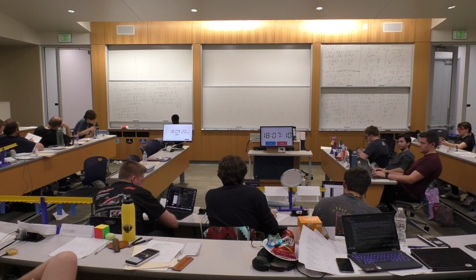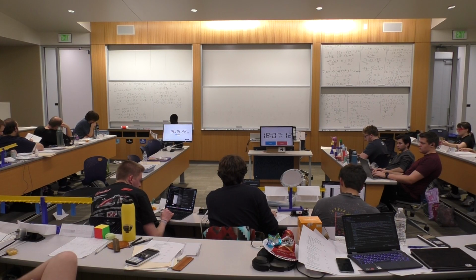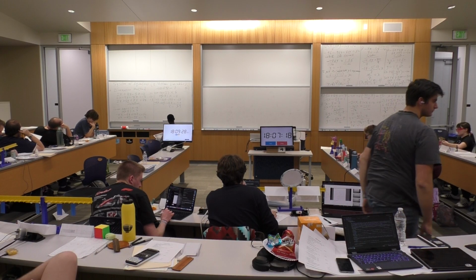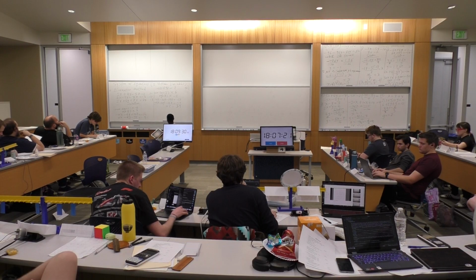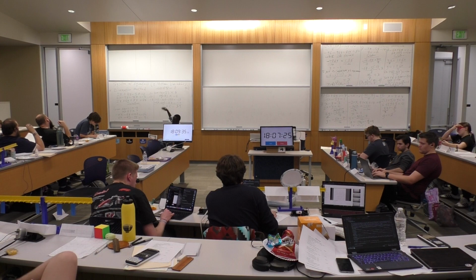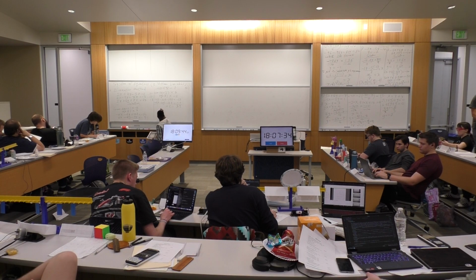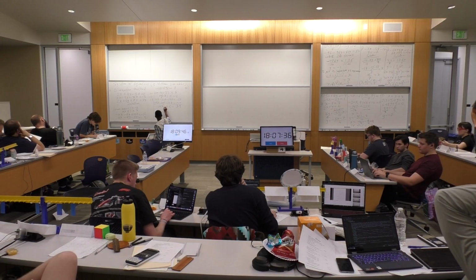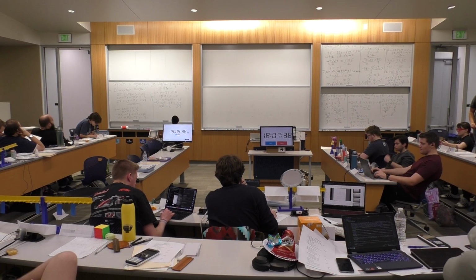Negative 15z, negative 16z, gives z. We eliminate y. Y is out. Here we have 14x, x. We call this equation 5.